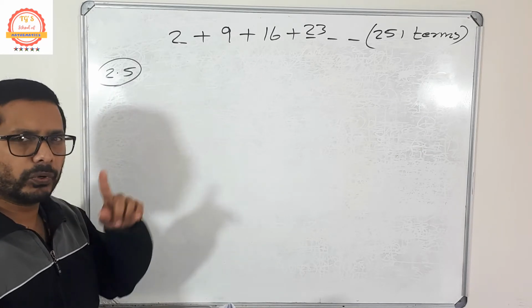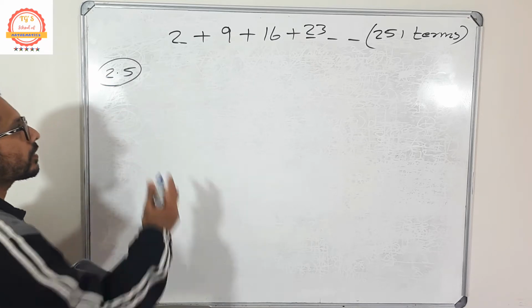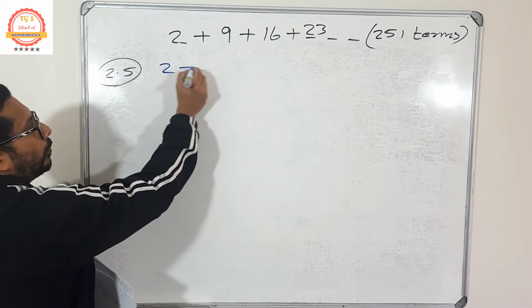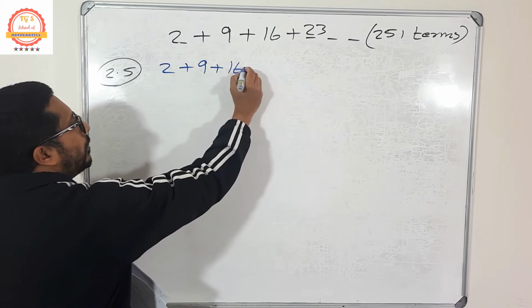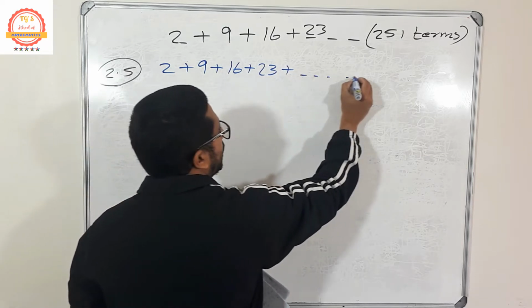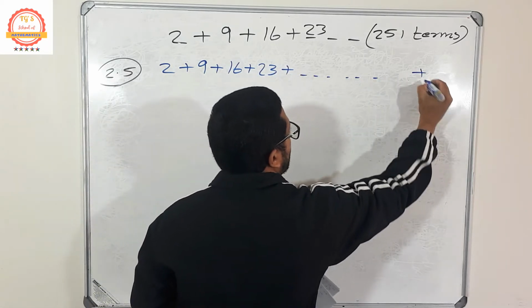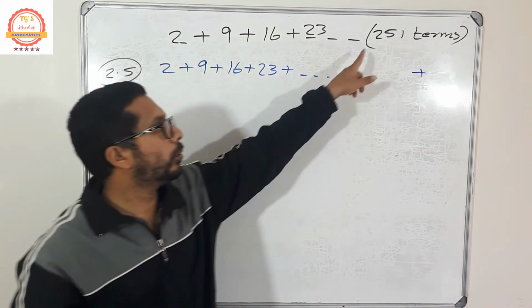Before I start, what is our series? Let's write the series once more. 2 plus 9 plus 16 plus 23 plus etcetera. And what is the last term? How many terms are here?